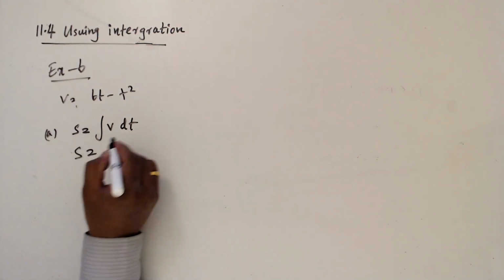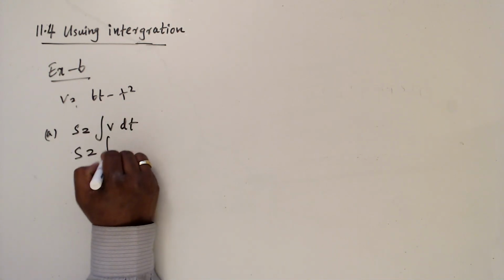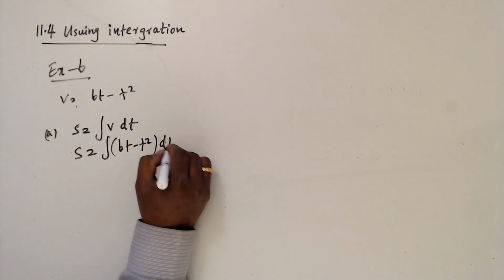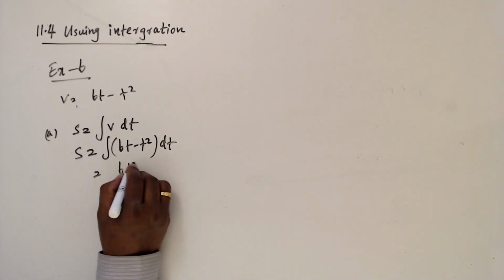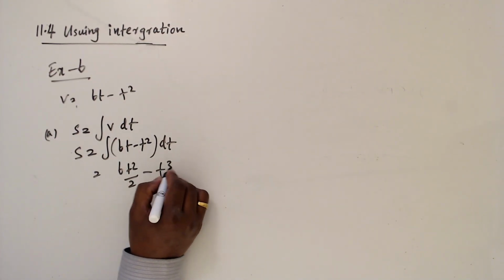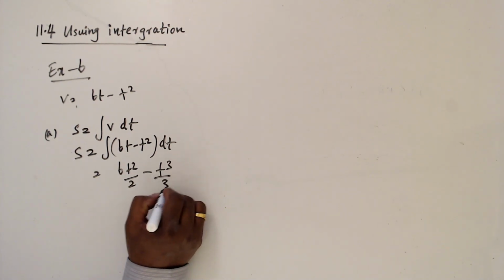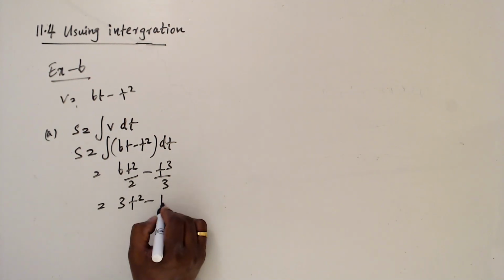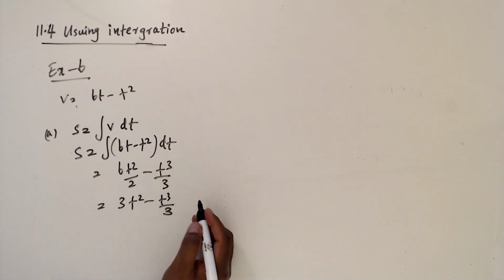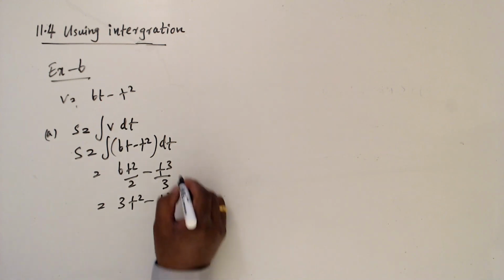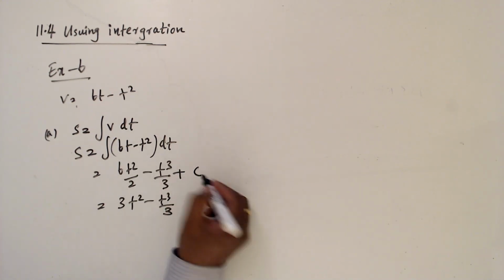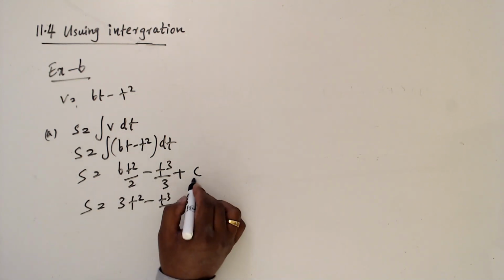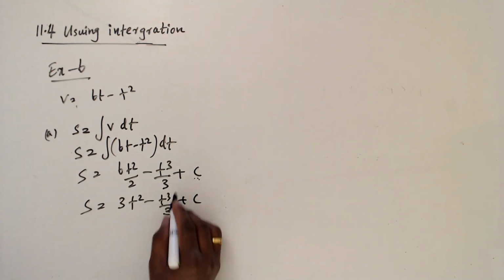So s equals the integral of 6t minus t square dt. So this is going to be 6t square divided by 2, minus t cube divided by 3. So this is going to be 3t square minus t cube over 3, plus c. When we integrate, we have to add the constant. So now we need to find the constant.